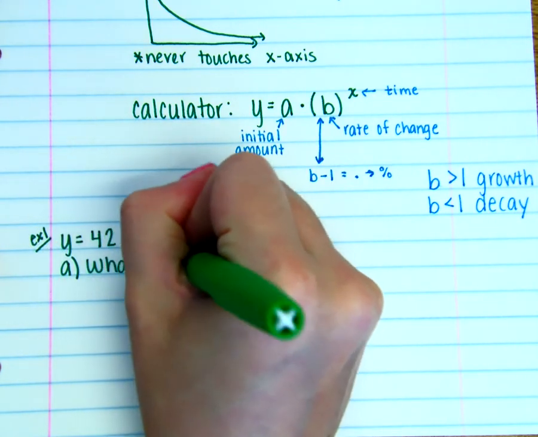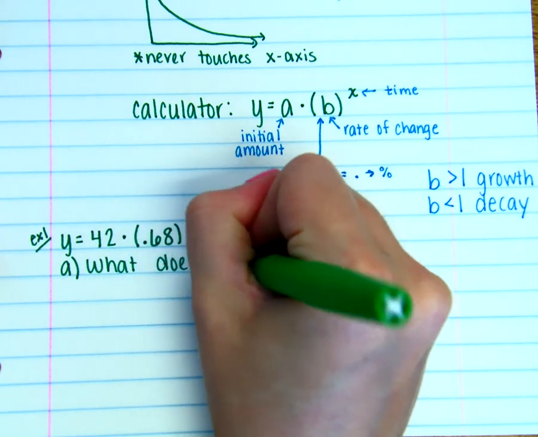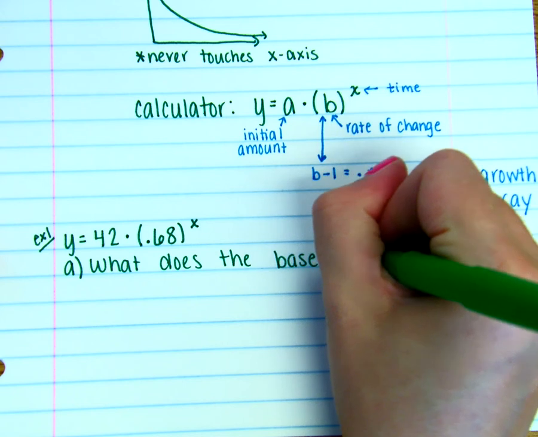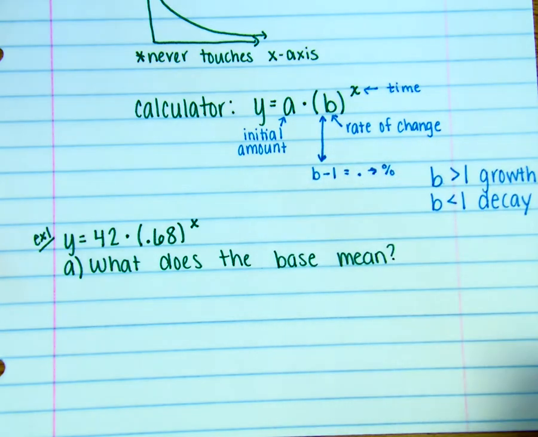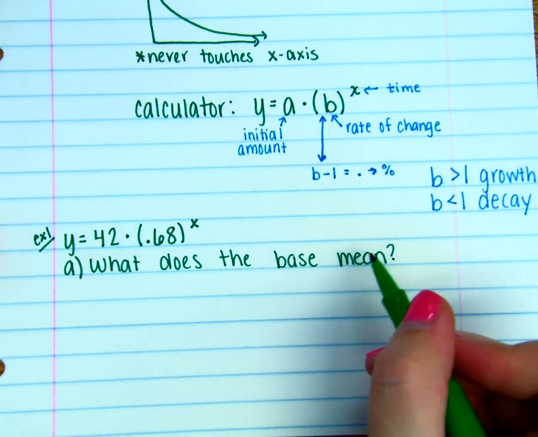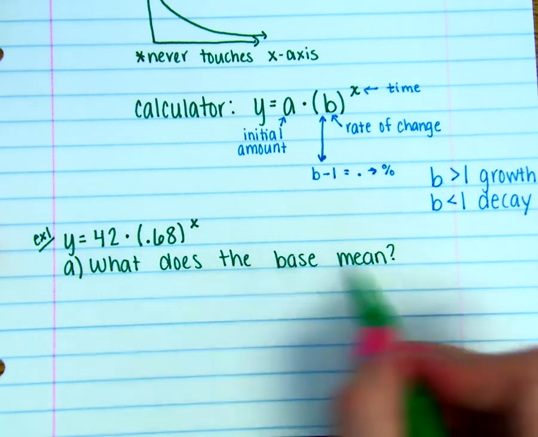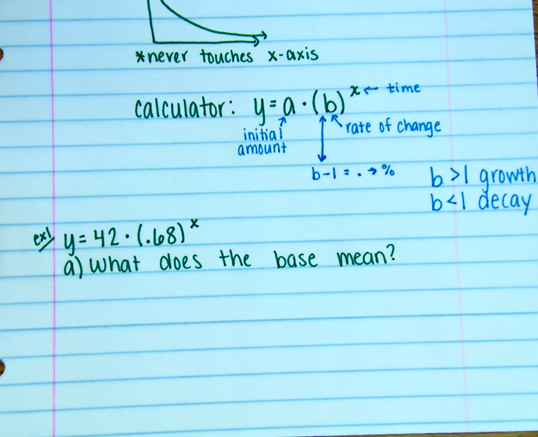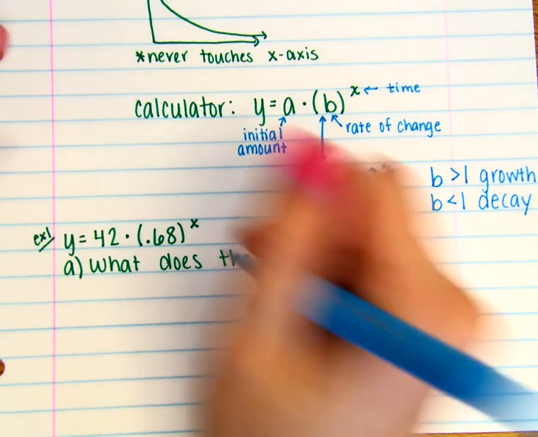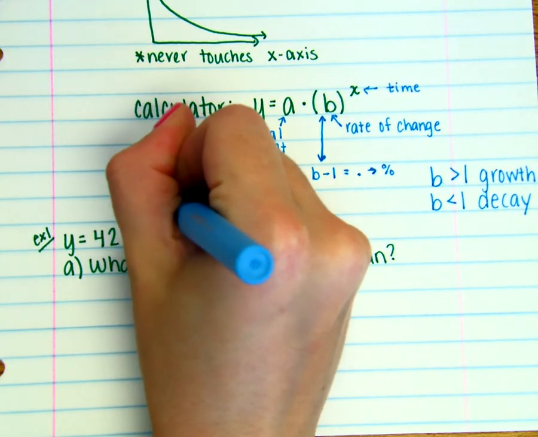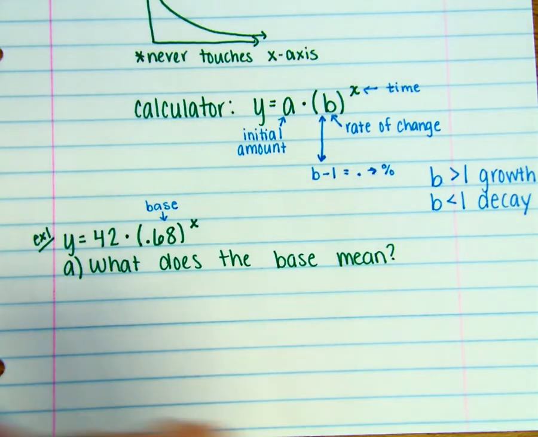So what does the base mean? Some of your questions might be asked like, what does the base mean? Or it might say, what is the rate of change? Was this a growth or a decay? All these types of questions can be worded just a little bit differently. When we're talking about the base, it is whatever's being raised to the exponent. So this right here is the base of our function.